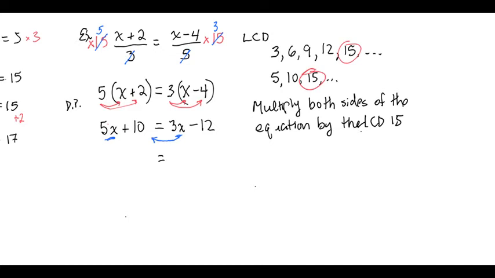Seeing as 5x didn't have to move, it remains on the left-hand side, I write it first. When I bring the 3x over, I'm bringing it over as a subtract 3x. Right? I have to change the operation. Right now there's an invisible positive sign in front, so when I bring it over it turns into a negative. So there's the negative 3x.